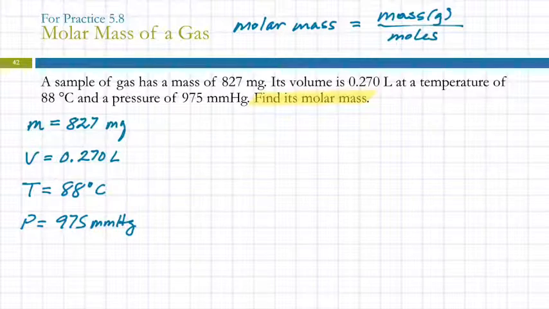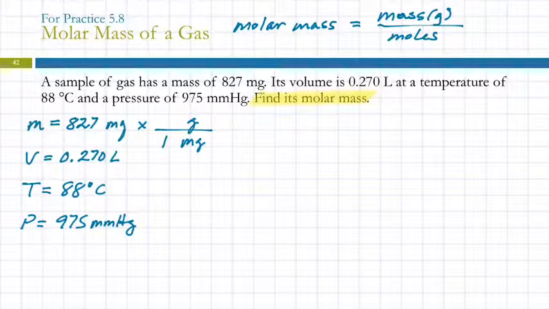So I need to find the mass of this sample and its volume. Well, they gave me the mass, but it's in milligrams. Can we convert that to grams? Sure we can. So I'm going to put milligrams in the bottom and grams on top, and then I ask myself, what does milli mean? Milli means 10 to the minus 3.